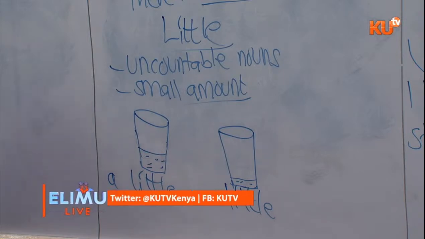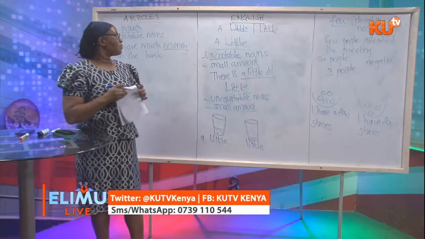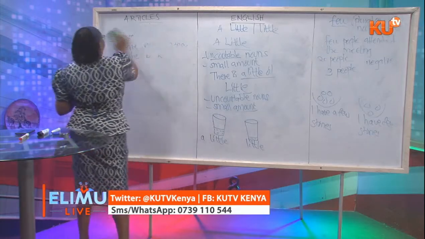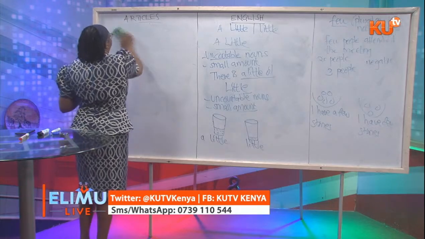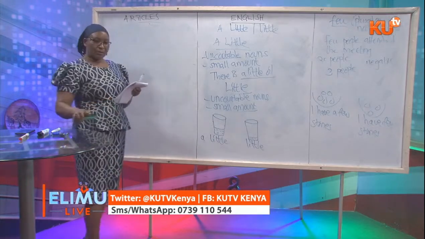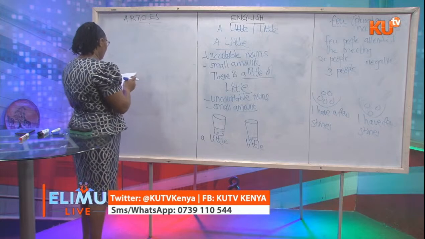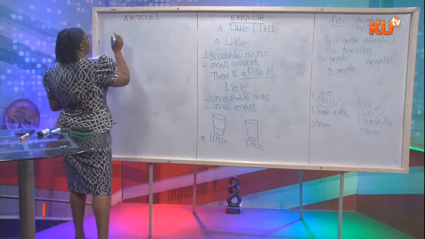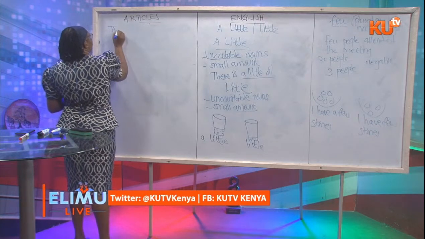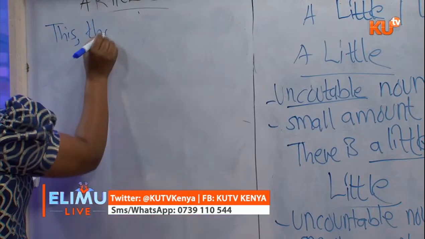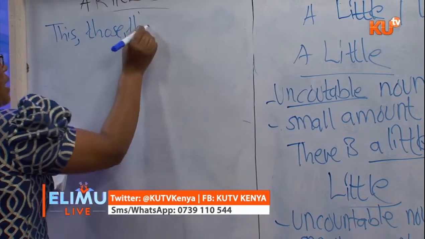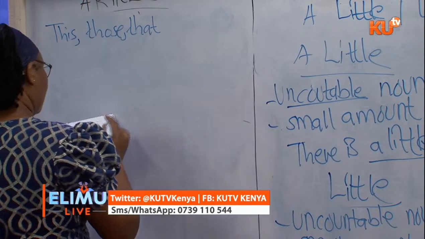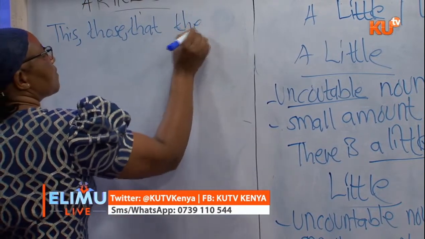Now we move on to our next group of determiners. This is a group which is very common, and we usually use it in our everyday lives, and that is this, these, that, and those.